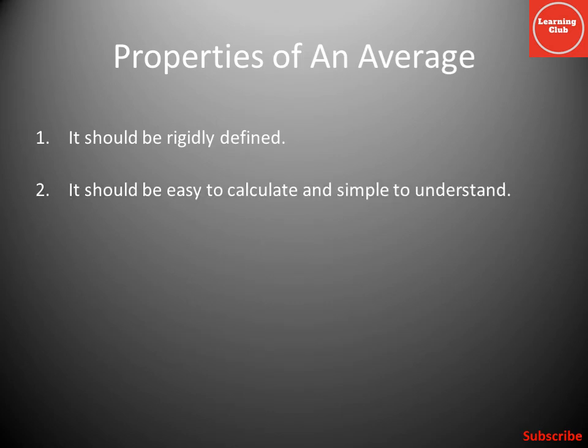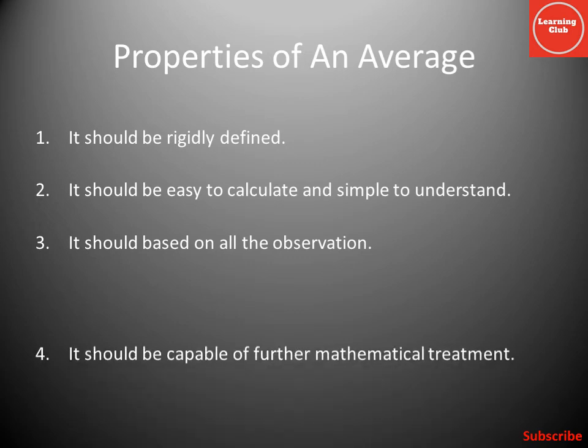It should be easy to calculate and simple to understand. It should be based on all observations. Remember, if an average is not based on all the observations, then it is not a good average, so it is not effectively indicating the measure of central tendency.